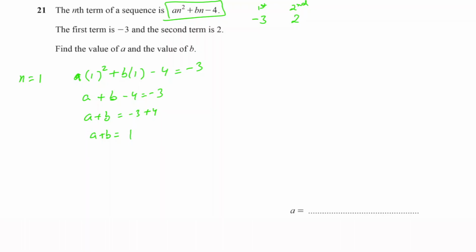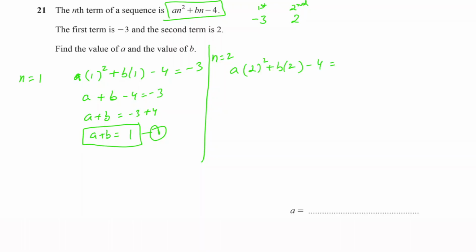The other equation we will get when n equals 2, because the value of the second term is 2 itself, right? So where n equals 2, let's put it in the equation. So a into 2 squared plus b into 2 minus 4. If I put the value of n as 2, then I'm getting the second term as 2.